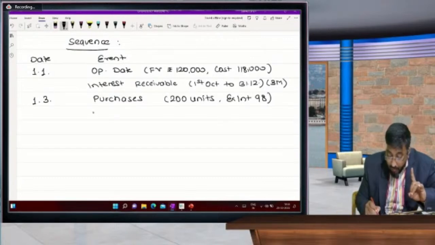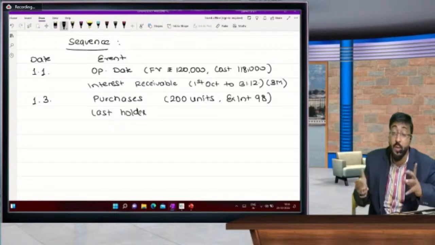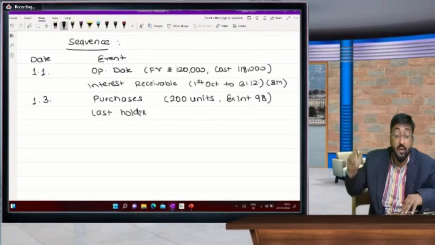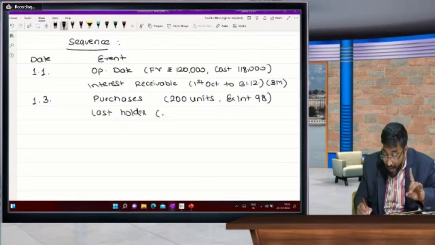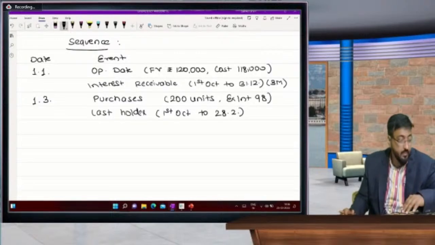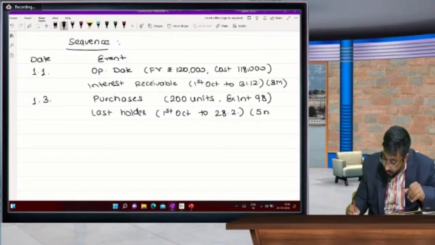The last holder, we purchase from him. He got the interest on 30th September. So he will ask you for interest from 1st October to 28th February: October, November, December, January, February. How many months? 5 months.